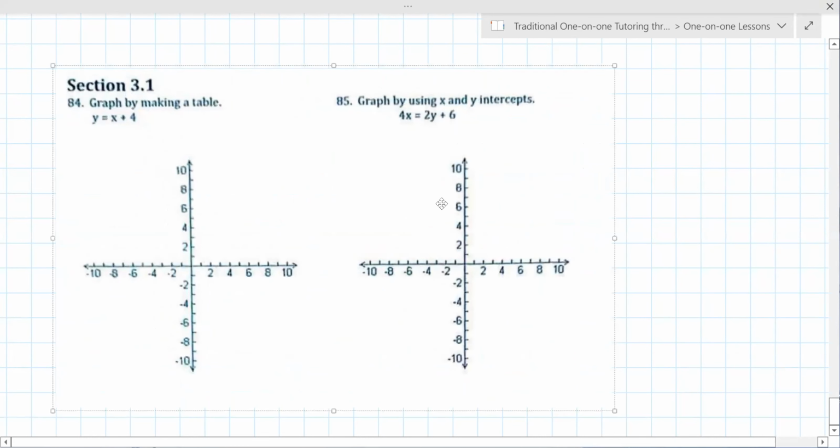Do you see how there's 2 problems for section 3.1? Yes. And you probably have been told your final is like 40 or 50 questions, something like that. Yeah. So they're not going to give you every single question on here.